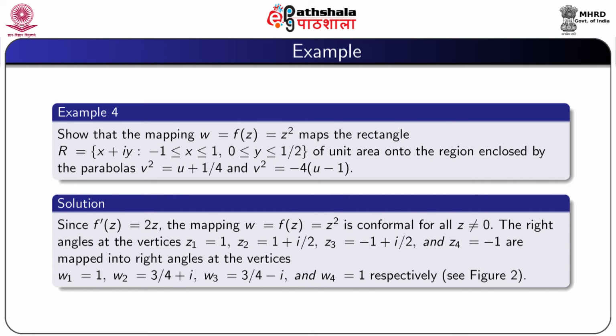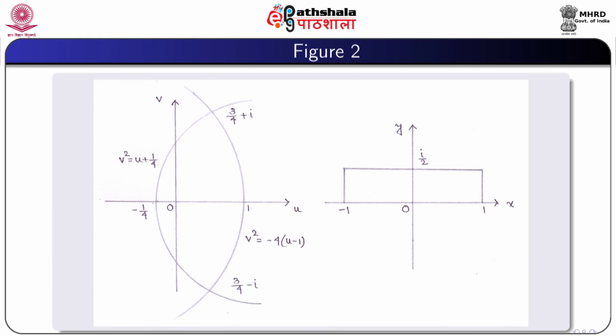For this, see this figure. This is the rectangle having vertices at 1, 1 plus i by 2, minus 1 plus i by 2 and minus 1, and their images are the points 1, 3 by 4 plus i, minus 1 by 4 and 3 by 4 minus i.